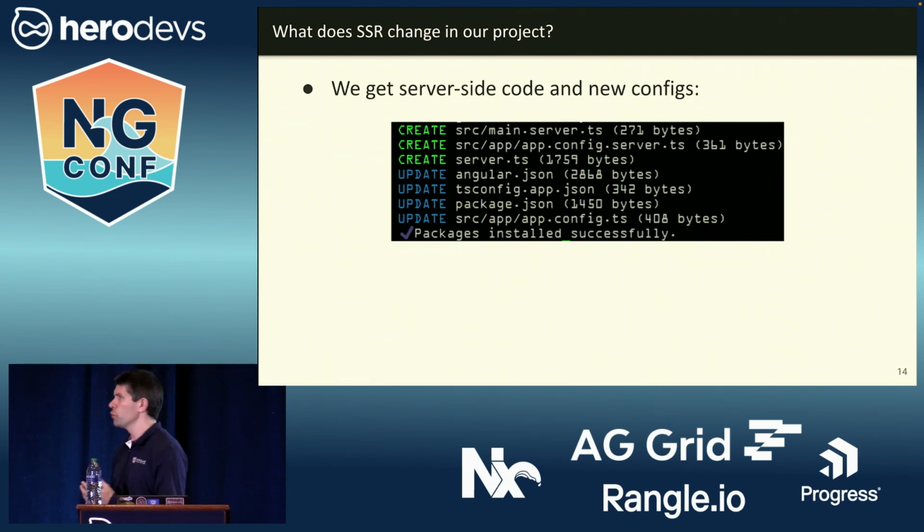And it's going to update, of course, the Angular config, so that Angular knows that we have server-side going on right now. So tsconfig, package.json, just adding a couple extra commands to build the pre-rendered pages and all of that. And our app config gets updated. So that's pretty minimalistic, really. It doesn't change hundreds of files, just 3 new files get added, and some updates to our config.